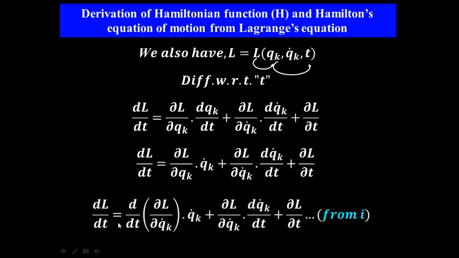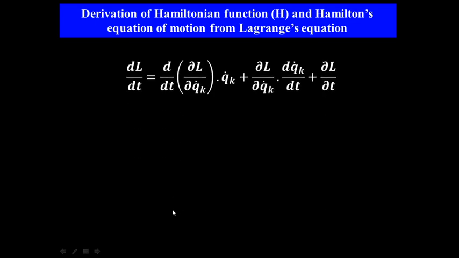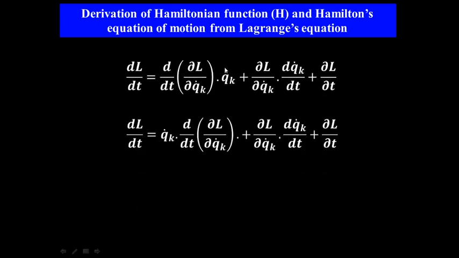This is the expansion of the product rule of two functions, qk dot and del L by del qk dot. In the next slide, we have the same term: qk dot is put here in front, and this is d by dt del L by del qk dot, and the rest of the terms are as they are.